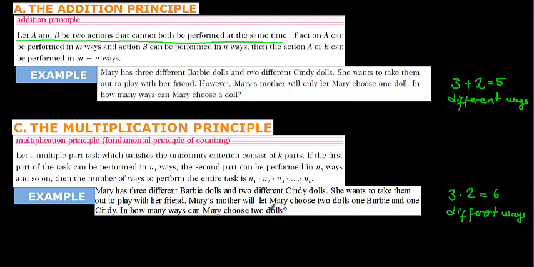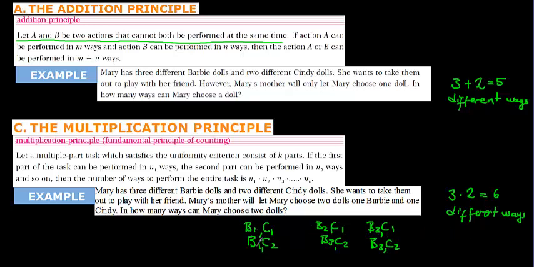And if I explain why it is 6 different ways, if there are 3 Barbie dolls and I name them B1, B2, B3: Barbie 1 and Cindy 1, Barbie 1 and Cindy 2, Barbie 2 and Cindy 1, Barbie 2 and Cindy 2, and the last ones are Barbie 3 and Cindy 1, and Barbie 3 and Cindy 2.